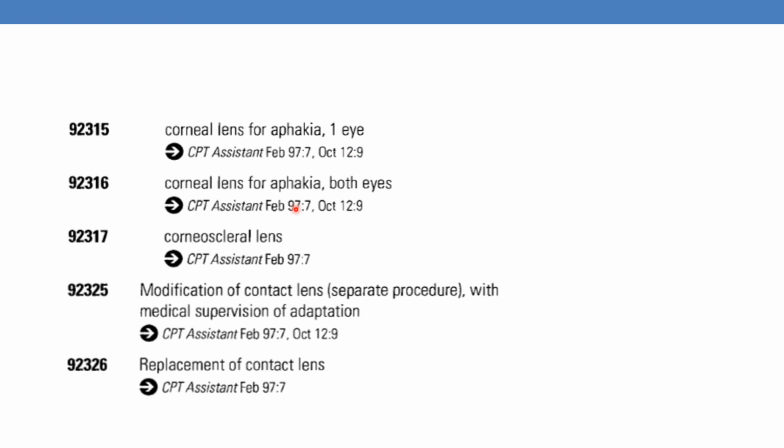For aphakia both eyes with independent technician, the CPT is 92316. And for prescription of corneoscleral lens with fitting by independent technician, the CPT is 92317.